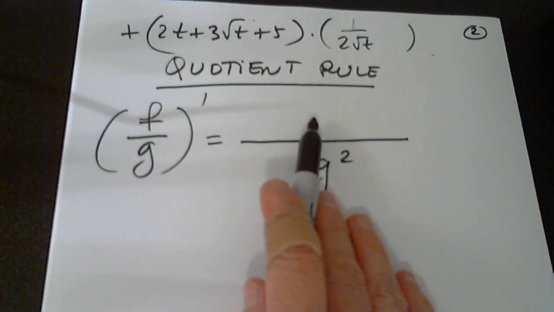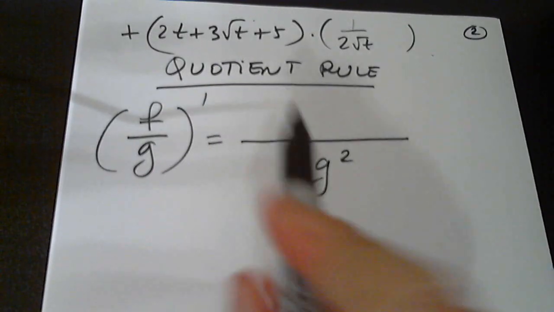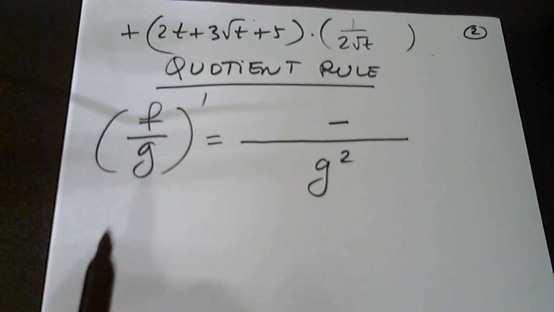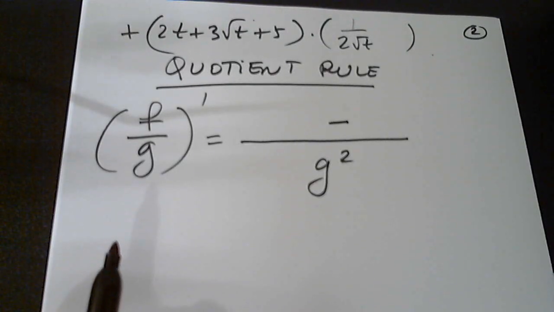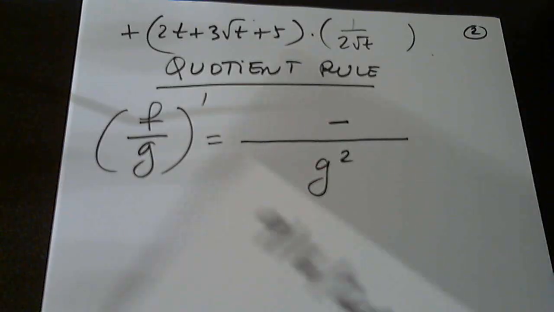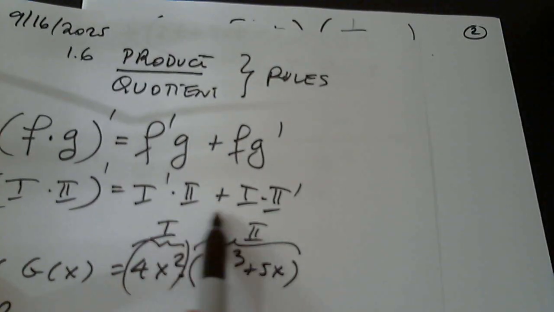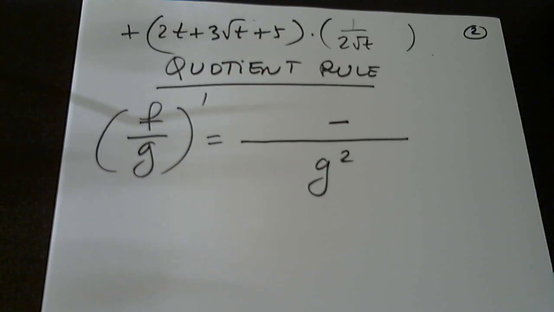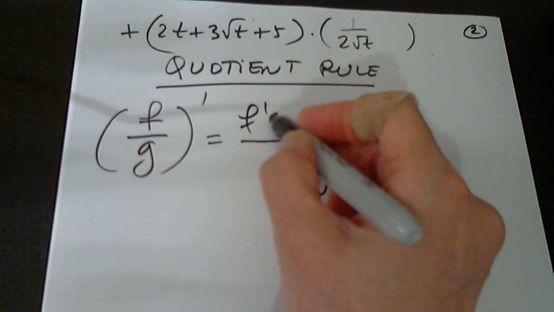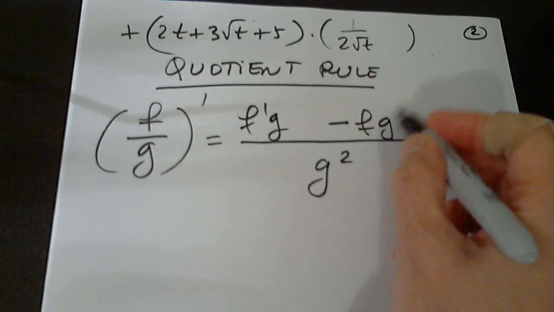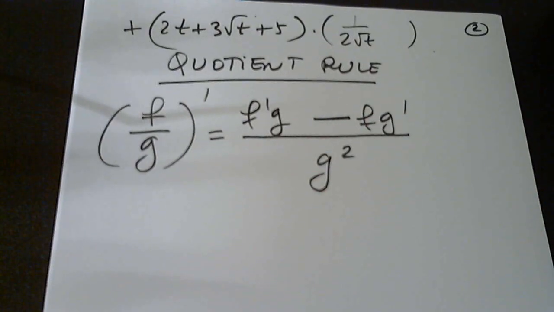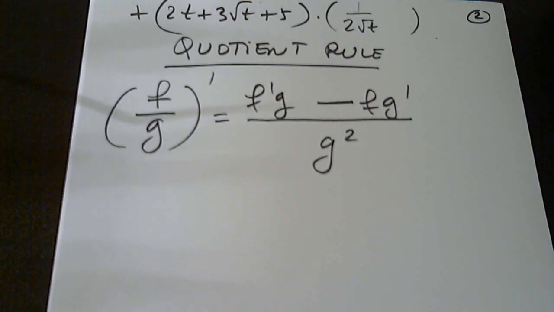But the numerator is the product rule, but with minus. So easy to remember, the denominator is simply squared, and the numerator is the same thing, but with minus. So I have f prime g, but minus fg prime.